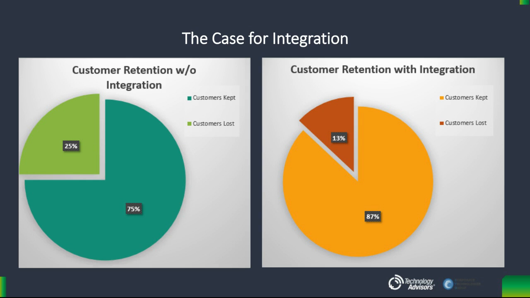But what the study also found was that when companies are integrating their CRM and telephony together, that retention rate goes up to 87%. As experienced professionals, we all understand the long-term value of a repeat customer. They spend more with you, they recommend you to other people, their influence is really invaluable. So being able to retain more of those individuals is huge.